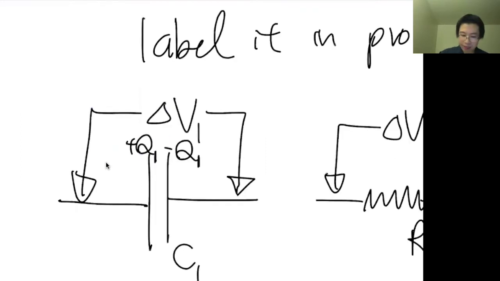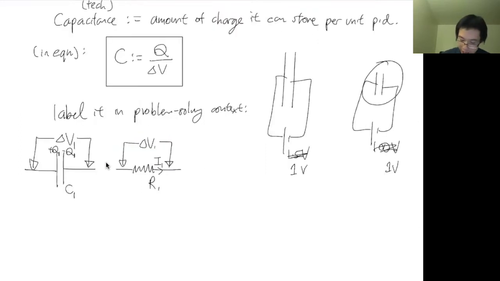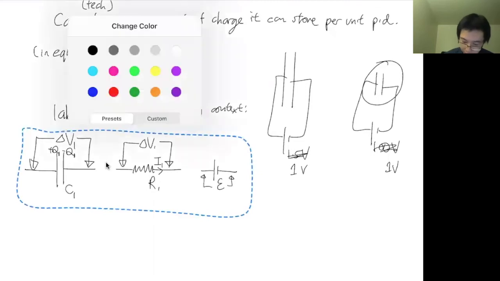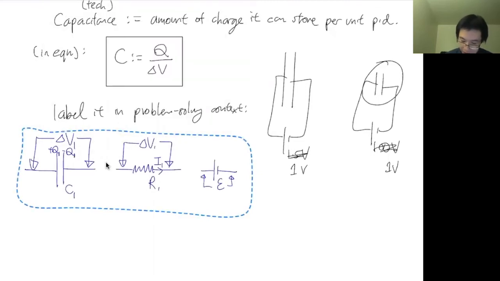So here are the general ways I label things every time I do one of these circuit problems. It's my best way of labeling things. For the battery, I'll include that as well for completeness. That is the potential difference, the EMF, assuming there's no internal resistance. I'll change this into different colors because of how important I think this way of labeling is.